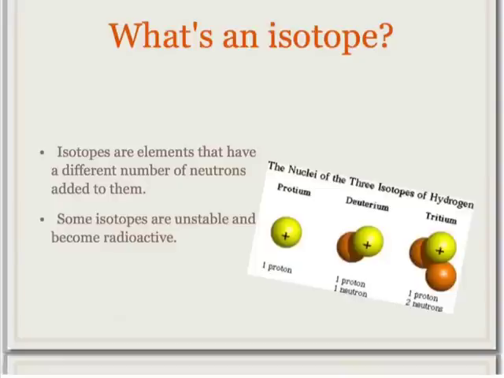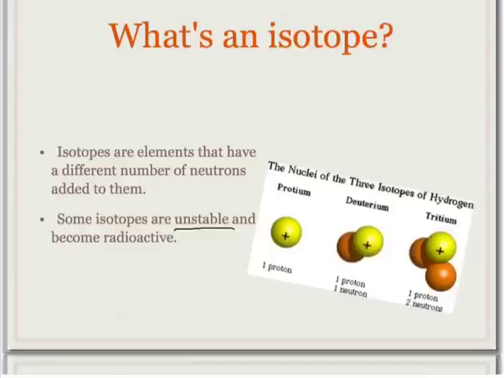So what is an isotope? Isotopes are elements that have a different number of neutrons; neutrons could be added, and they could even be taken away. The larger elements, when we get up in the 90s, especially like uranium, get really unstable. Think about it: when you don't have the right amount of neutrons in the nucleus, what are those positive protons going to want to do?